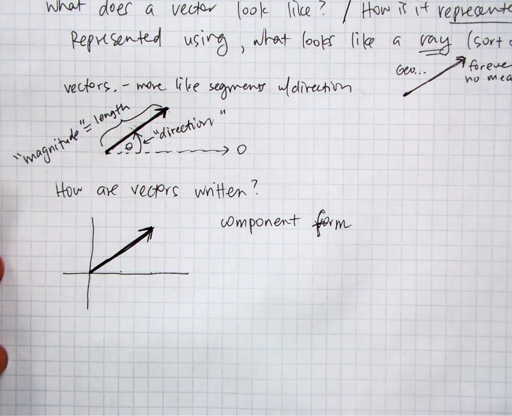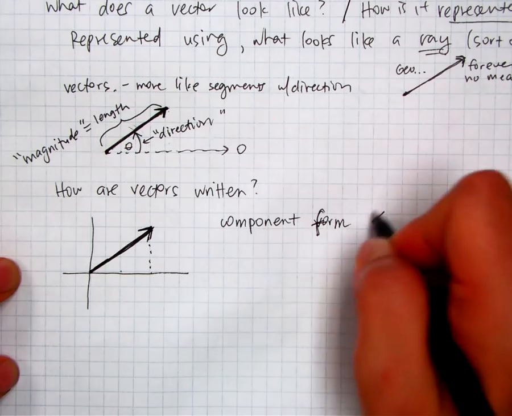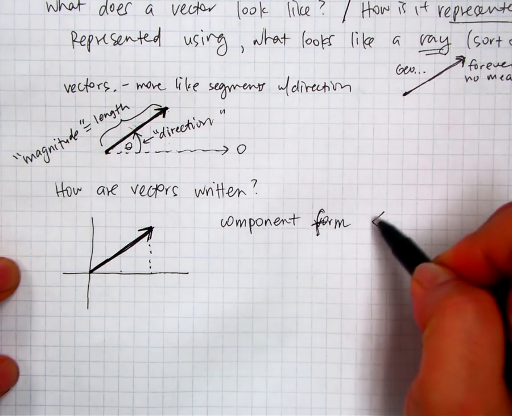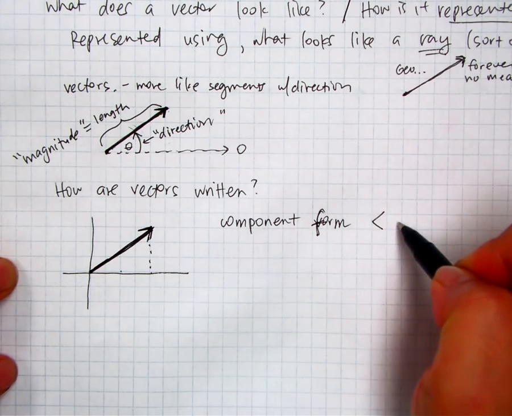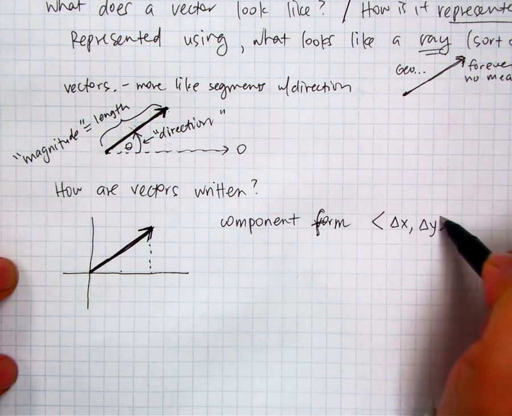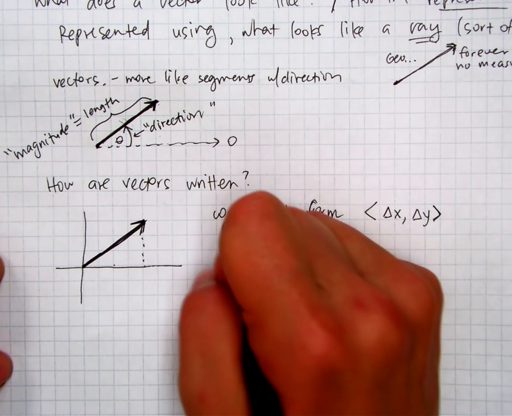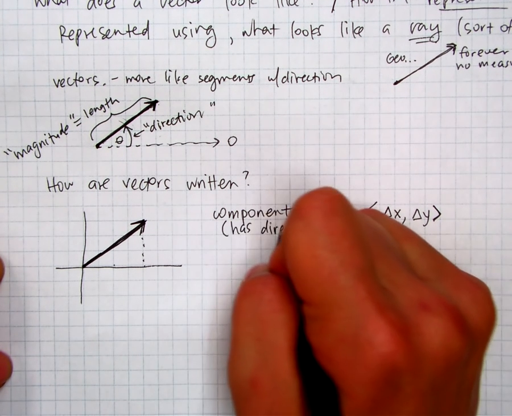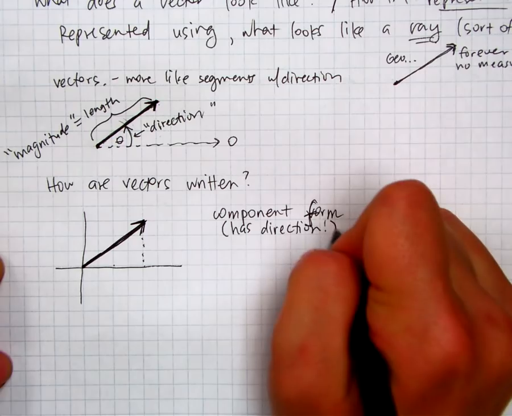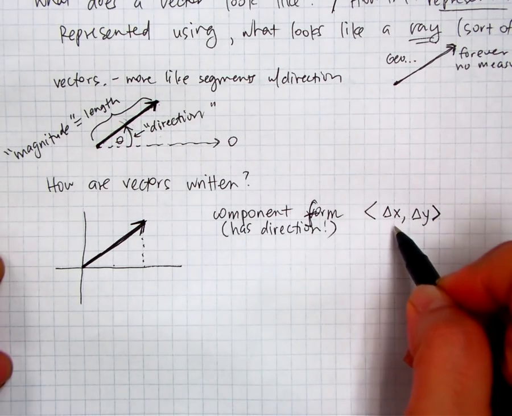The component form is basically your change of x and change of y, written with these angle brackets. And remember, it does have direction, so a -4 would be different than a +4 here.